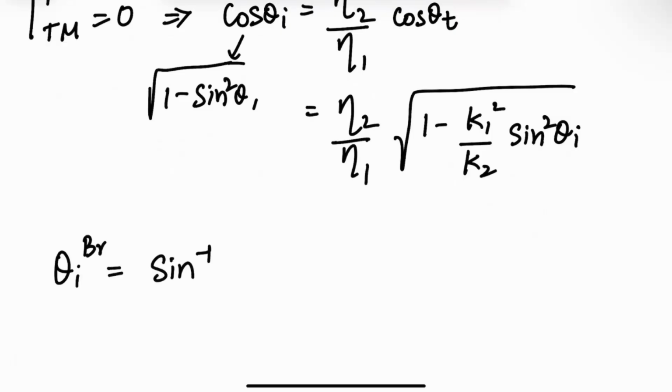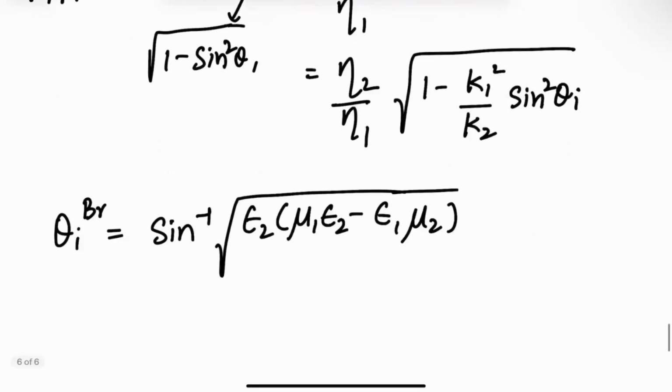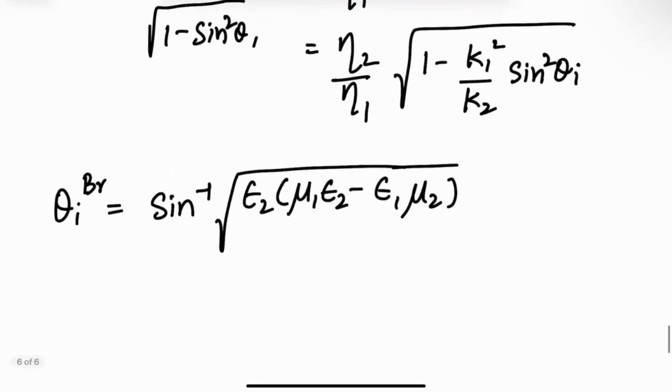Okay, so I'll write down the final expression for theta i, which is the Brewster angle. It turned out to be sine inverse square root of epsilon 2 mu 1 epsilon 2 minus epsilon 1 mu 2. So now I've replaced etas and k's and everything with just epsilon and mu, right? So eta is square root of mu over epsilon, k is omega square root of mu epsilon.